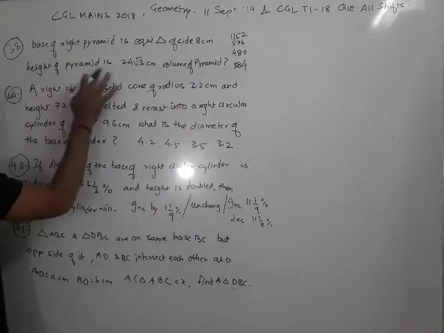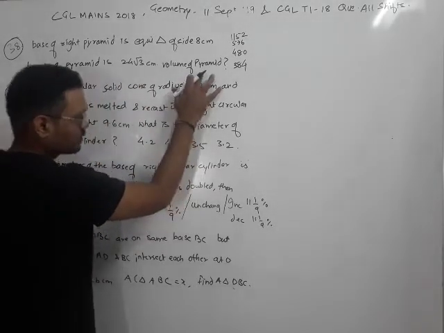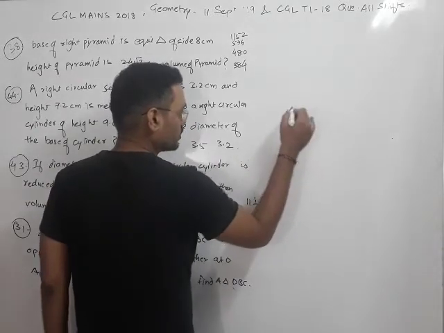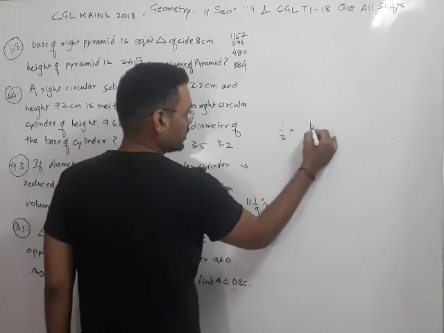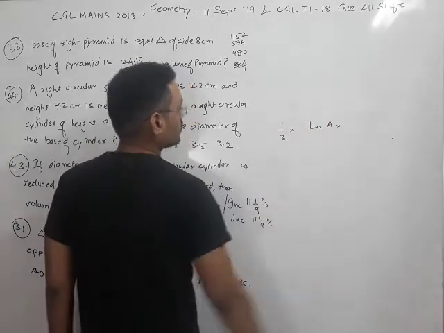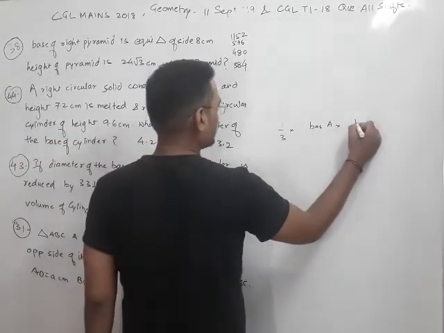Height of pyramid is 24√3. What is the volume of the pyramid? We have seen what is the volume of a pyramid. Whatever is the base, 1/3 into base area into height.